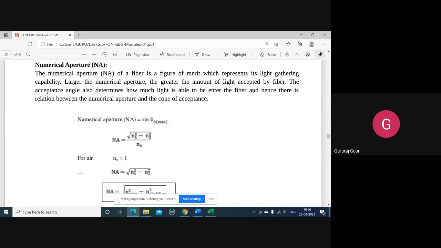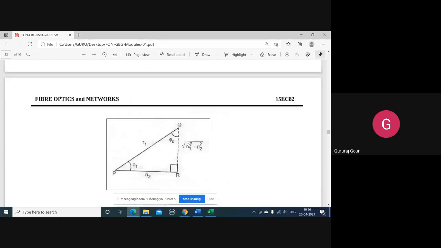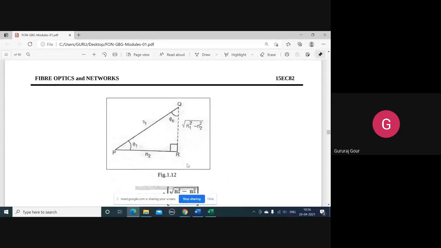It is the capturing ability of the core. So numerical aperture is given by sin phi0 maximum, the maximum acceptance angle, that is given by sin phi0 max equal to the square root of n1 square minus n2 square, divided by n0. If you use this triangle for sin phi0, you will get this.